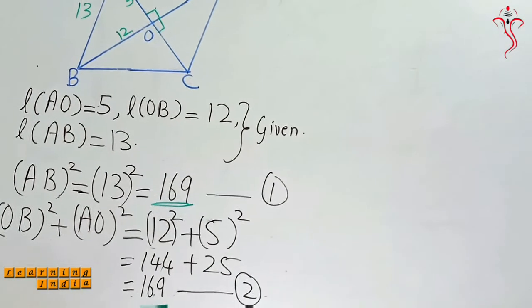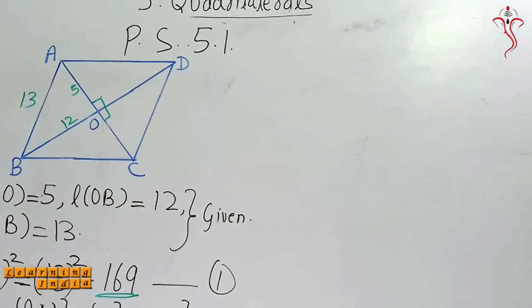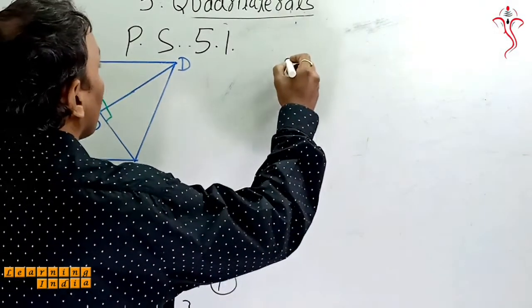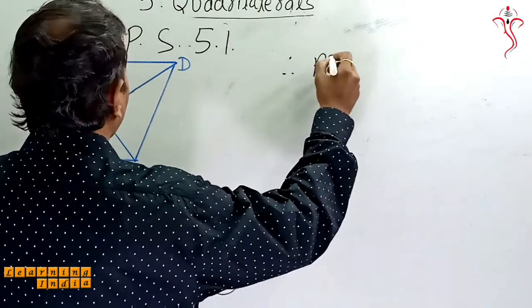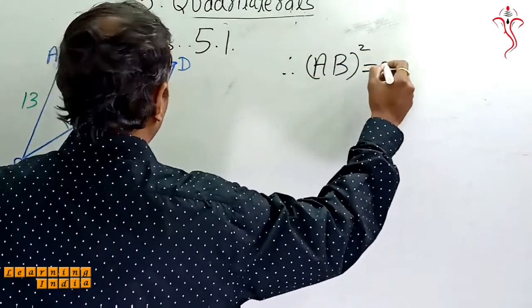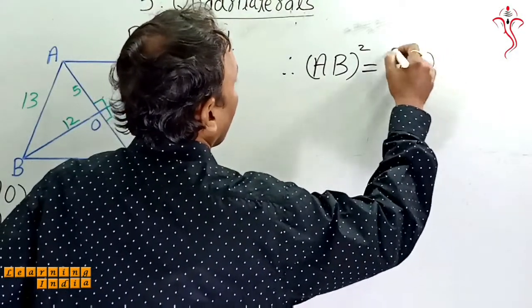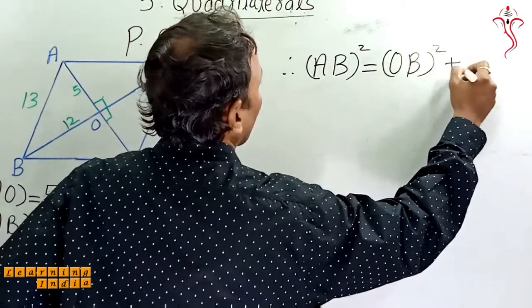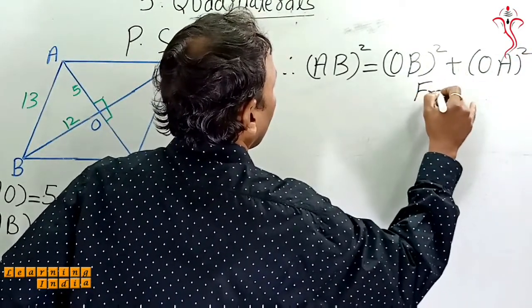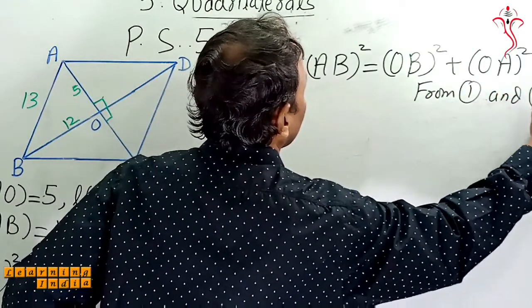So write here on the right hand side, therefore AB square is equal to OB square plus OA square. Reason: from 1 and 2.